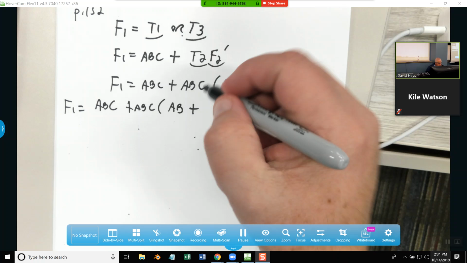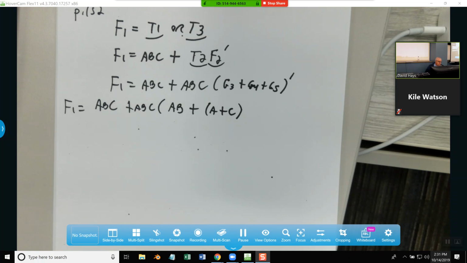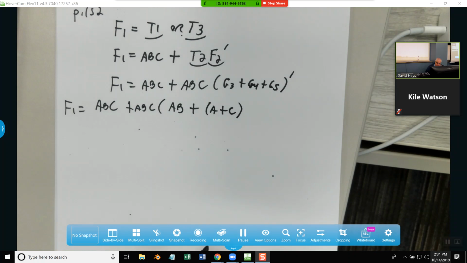Got messed up on T1. Double checking my work. That should be A or B or C. T3. Check T3. T2, not F2. Okay, that's fine.